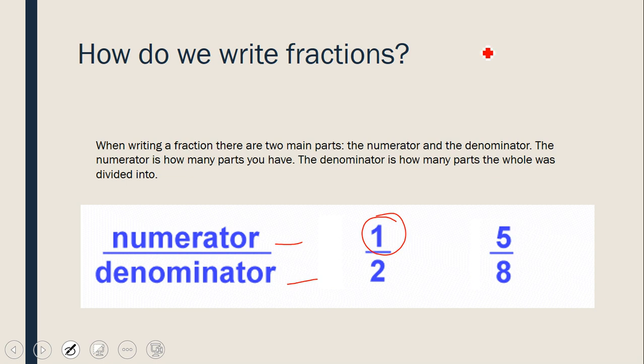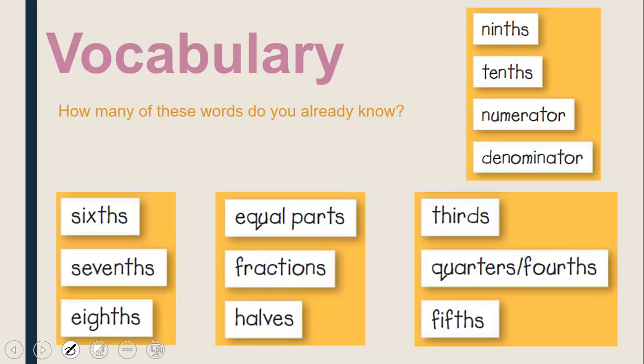So here, if you had your circle, 1 whole circle divided into 2 parts, and then 1 is shaded. Okay, so 2 parts, 1, 2, but 1 is colored. Okay, that's what we mean by that. So the numerator goes at the top, and the denominator goes at the bottom. But like I said, you don't have to know that. This is just some information because I know that some of you will be asking and wondering.